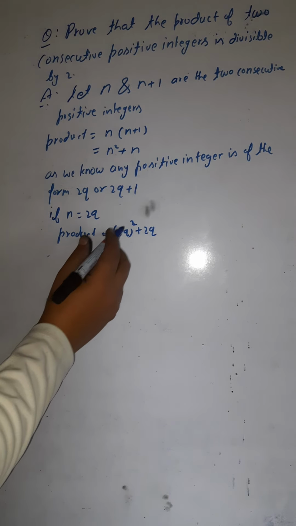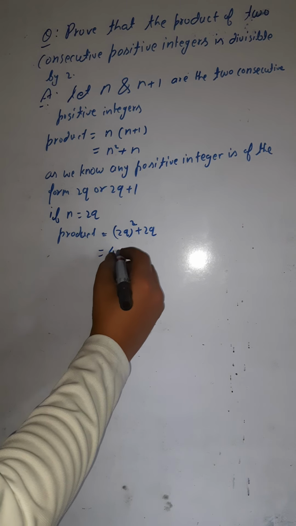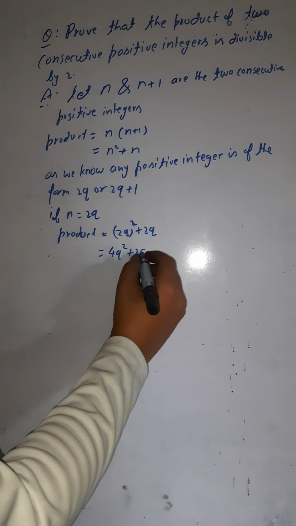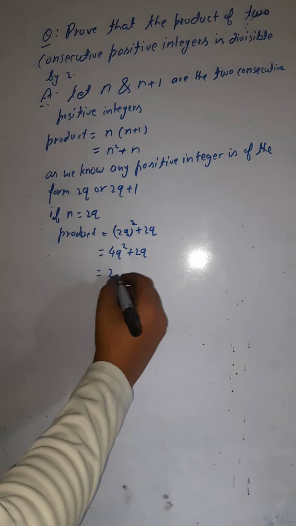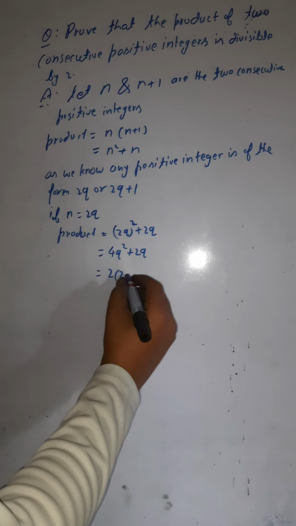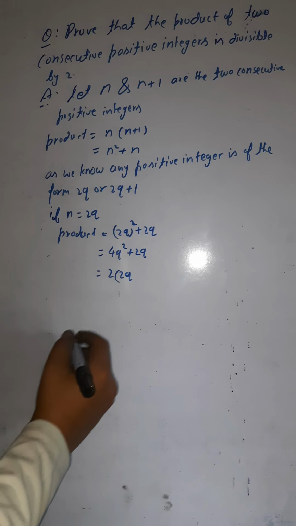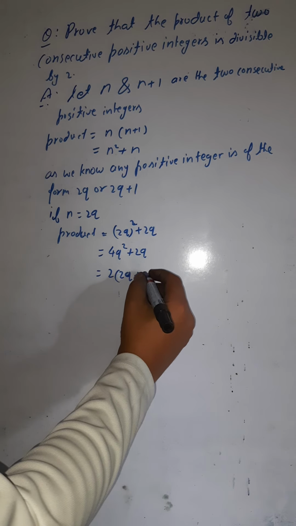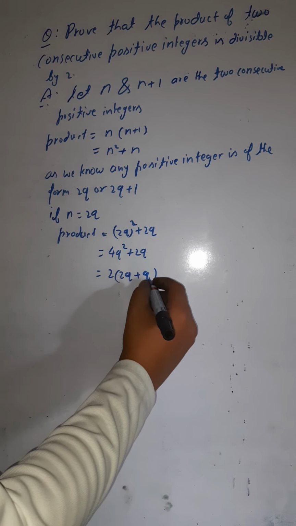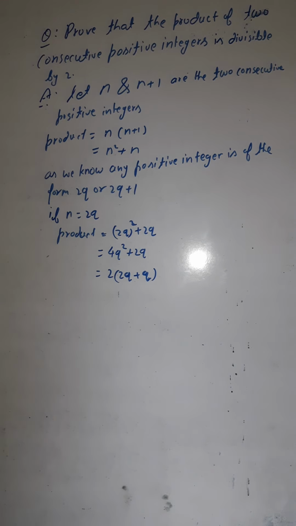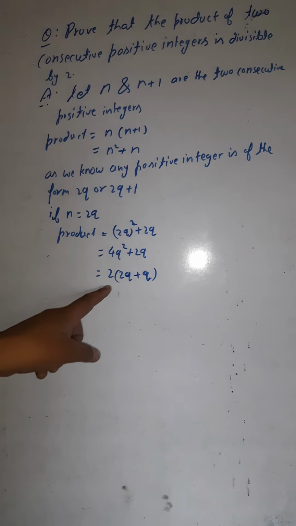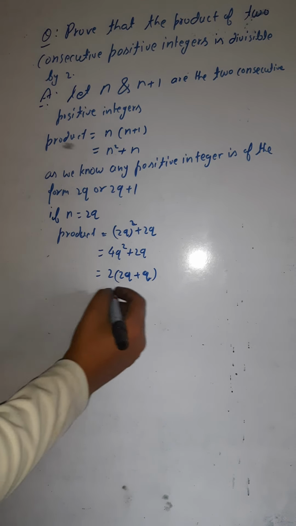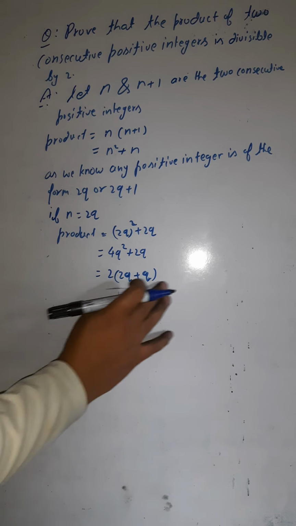So square of 2 is 4, so it would be 4q square plus 2q. You can take 2 common here. So if you are taking 2 common, so what would be left here? 2q would be left here, and here only q would be left here. Now you can see, if n is 2q, then the product is divisible by 2, because you are taking 2 common. If you are dividing it by 2, it would be divided by 2.